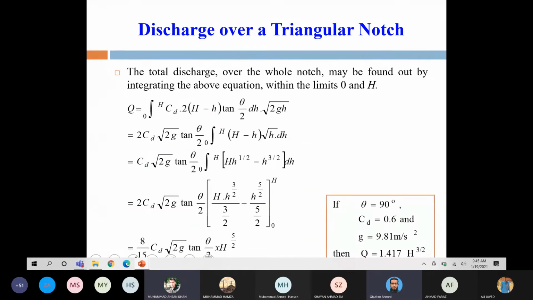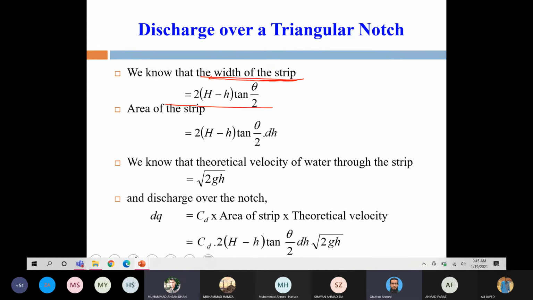So the width of the strip is 2(H minus h) tan theta by 2, and the area of the strip we get by multiplying the width by dh.